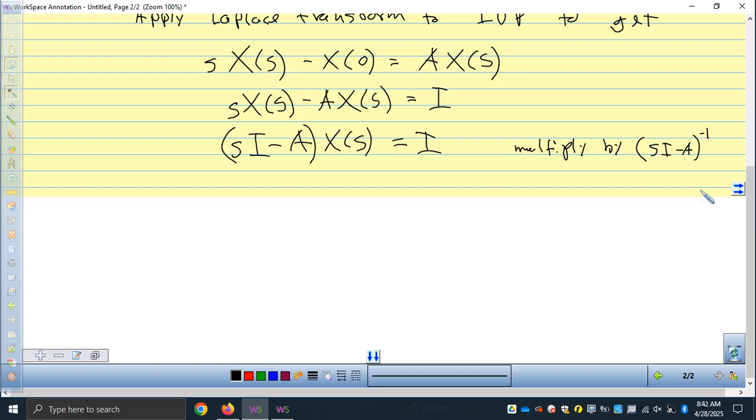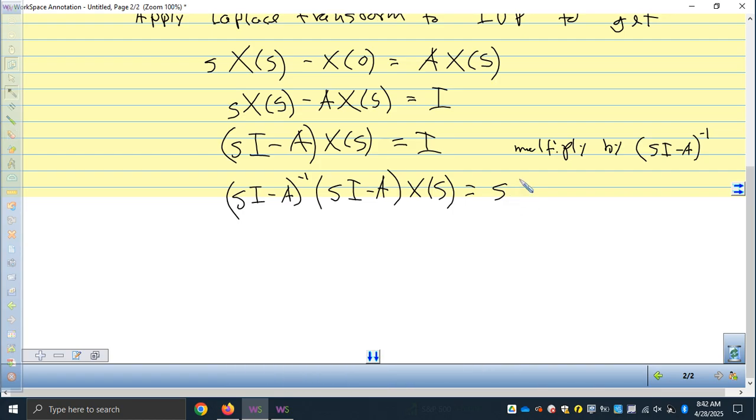We don't have division for matrices, so we multiply by the inverse. So we get (sI minus A) inverse times (sI minus A) times X(s) equals (sI minus A) inverse times the identity matrix.